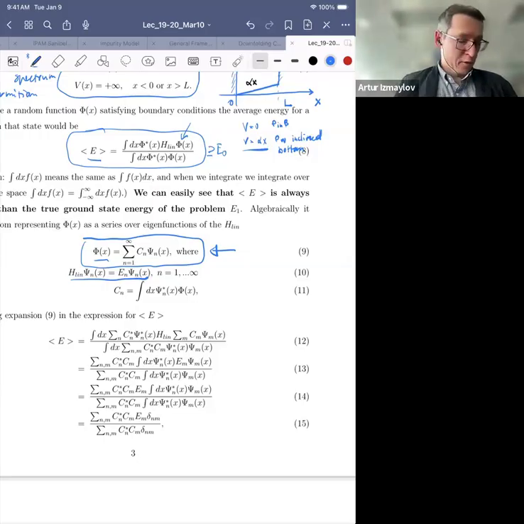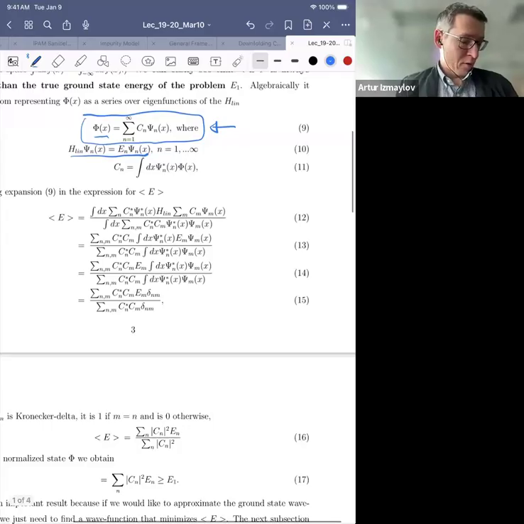The answer is because in quantum mechanics, all the operators, all the observables, Hamiltonian included, are Hermitian, and they have complete spectrum, meaning all their eigenstates can be used to write any state that physical system can assume, right? So including phi x. That's the answer to the question I asked.